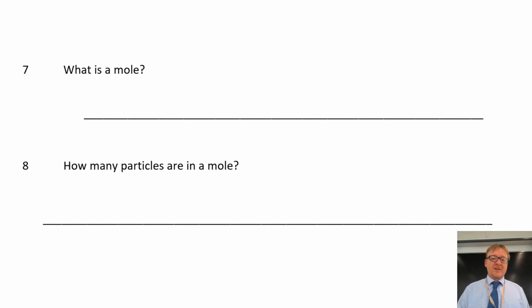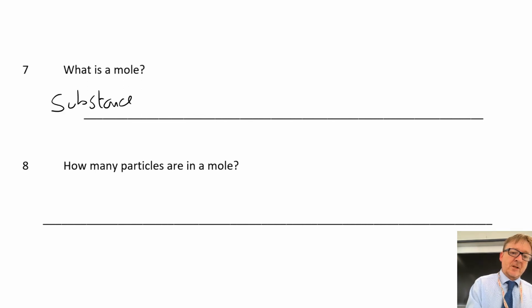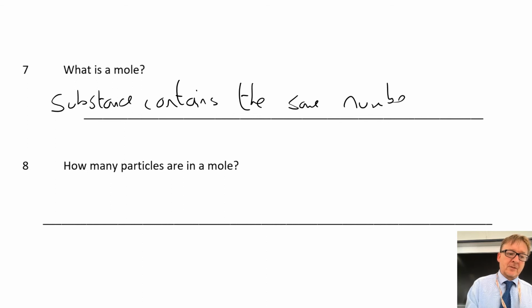Question number 7, what is a mole? Right, I'll do it in black because obviously that's what everybody thinks. Right, it is where a substance contains the same number of particles, molecules, or ions.